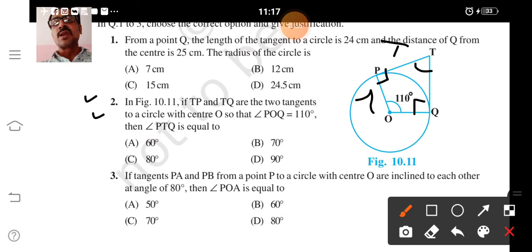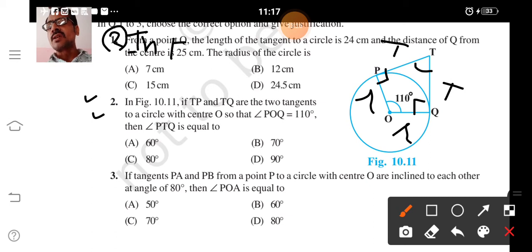It will also be 90 degree. Again the same thing, the radius is always perpendicular to the tangent. So whole OPTQ is what? Whole OPTQ is a quadrilateral. And the sum of 4 angles in a quadrilateral is how much? 360 degree.